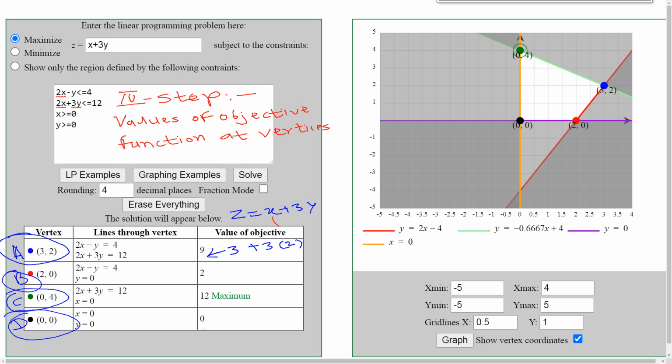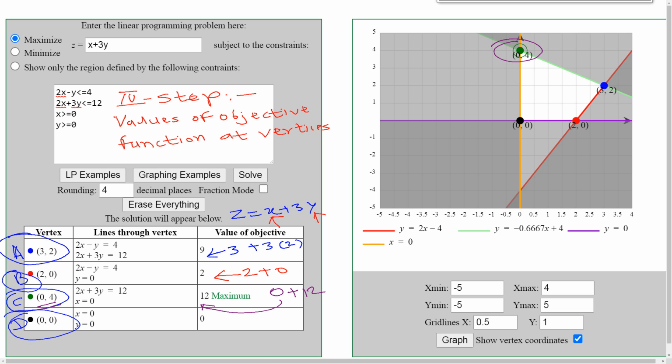Substitute x as 2 and y as 0: 2 plus 3 into 0, that is 2 plus 0, which equals 2. The next point is (0, 4). Substitute x as 0 and y as 4: 0 plus 3 into 4, that is 0 plus 12, which gives 12.